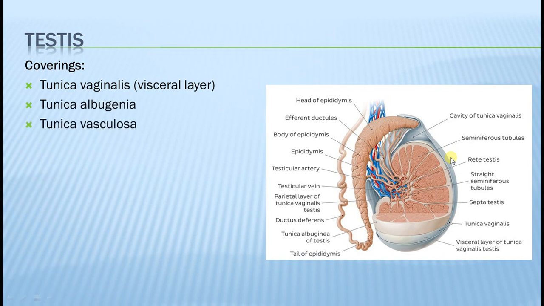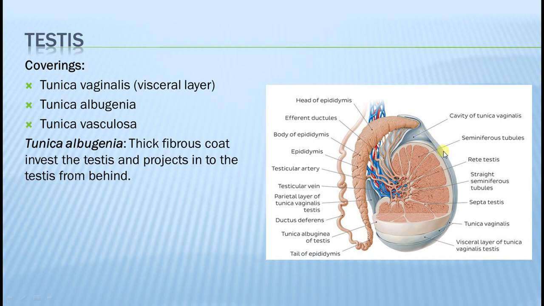So these are the three layers or the coverings of the testis. Tunica vaginalis, if you trace above, again it will be continuous with the parietal layer of the tunica vaginalis. Visceral layer and parietal layer are continuous, so it is a closed sac.